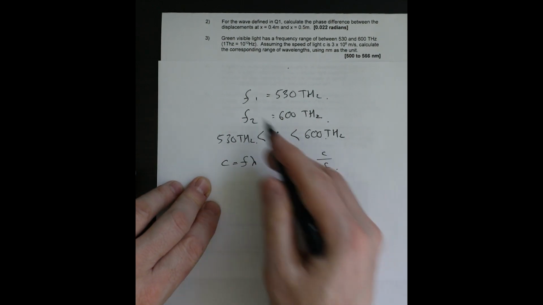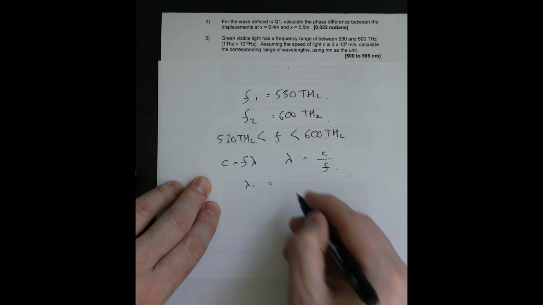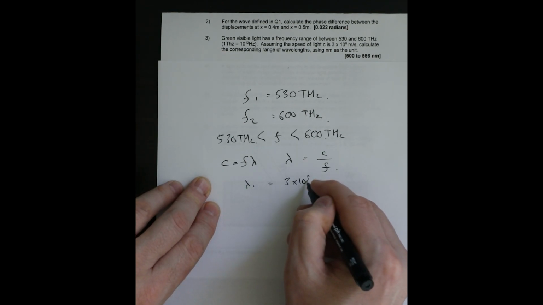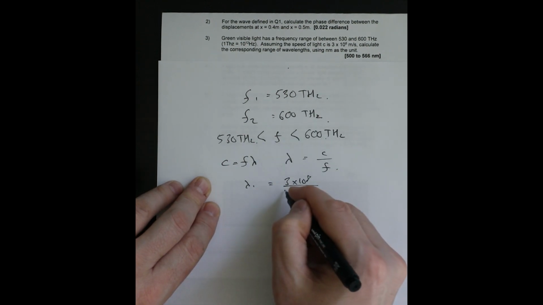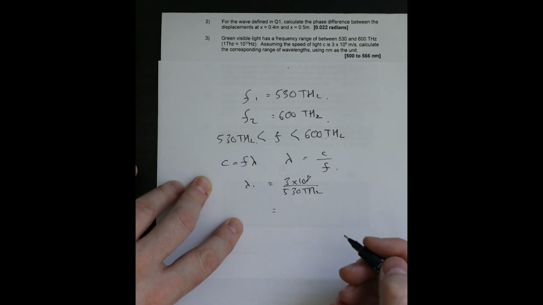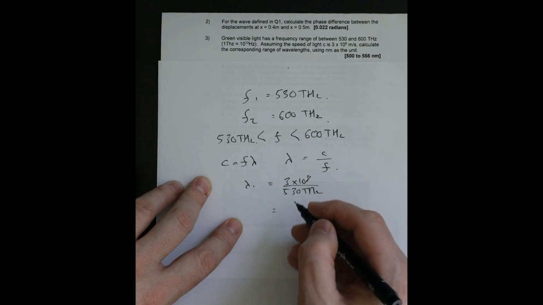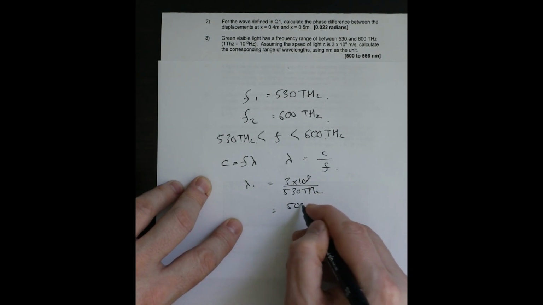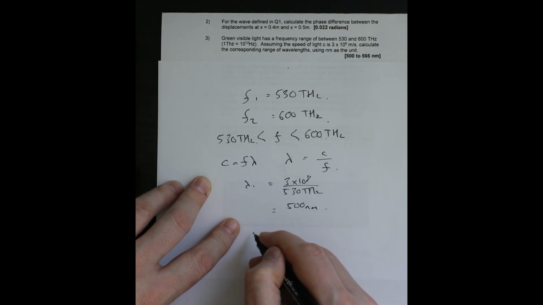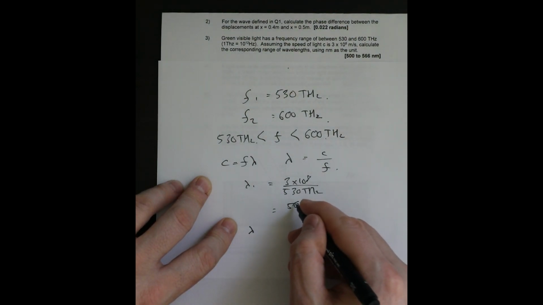So for f1, the lambda 1 equivalent is going to be equal to 3 times 10 to the power of 8 divided by 530 terahertz, which gives us a wavelength of 566 nanometers.